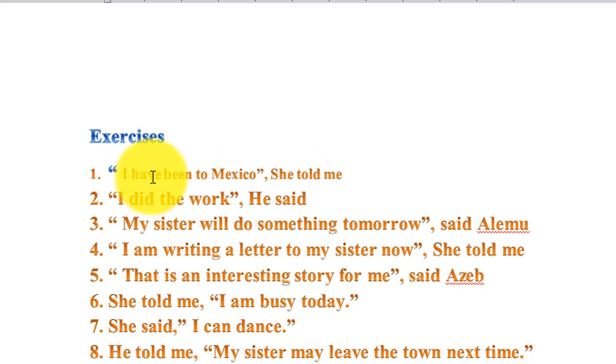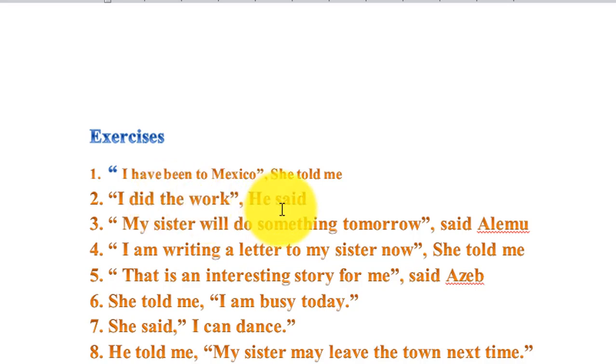Next: "I did the work," he said. Look, the comma is outside the double quotation mark. What kind of tense is this? Simple past. It changes either to simple past or to past perfect.